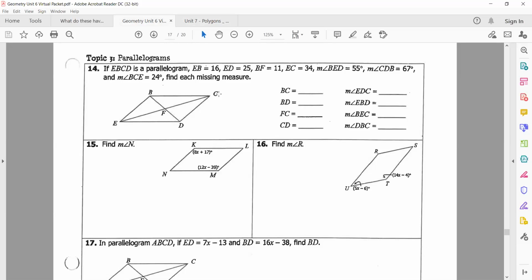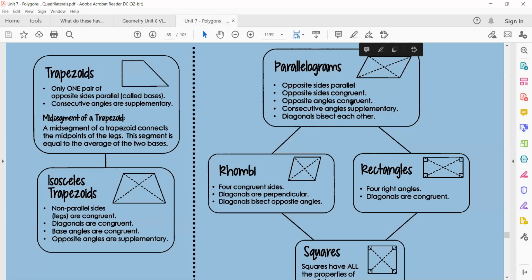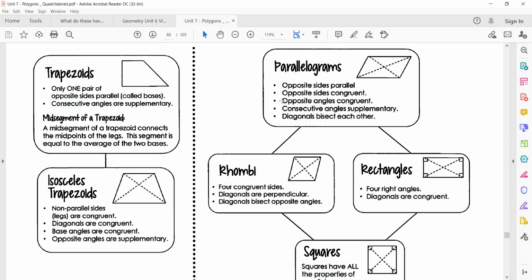And the angles are going to work exactly the same way. The measure of angle BED, this one is 55. So I'm going to put a semicircle around this one and label it as 55 degrees. And because I know my properties, I already know that opposite angles are congruent.